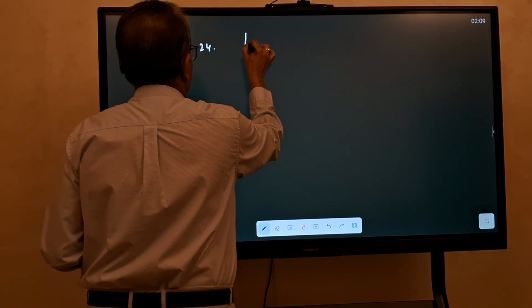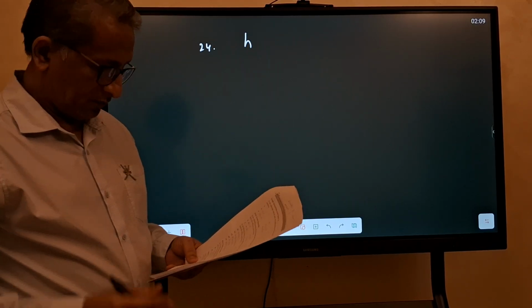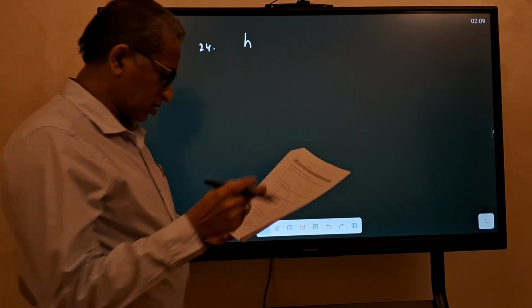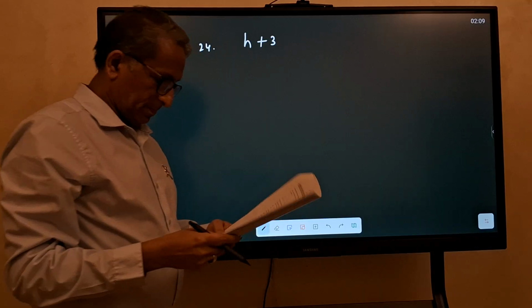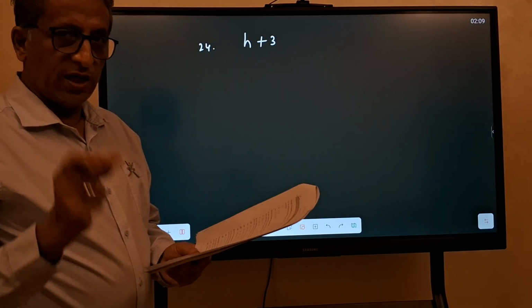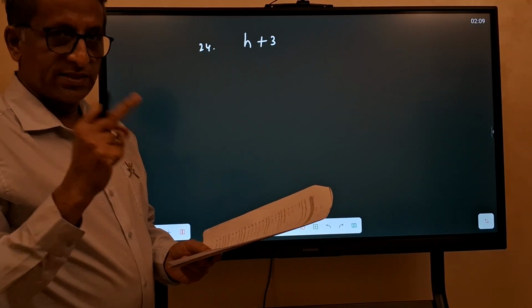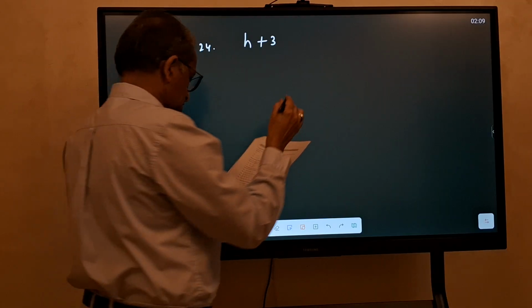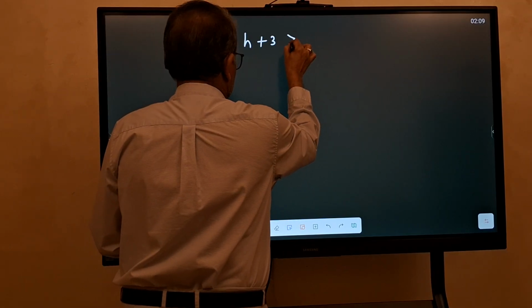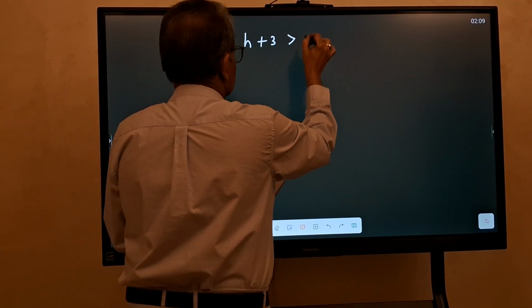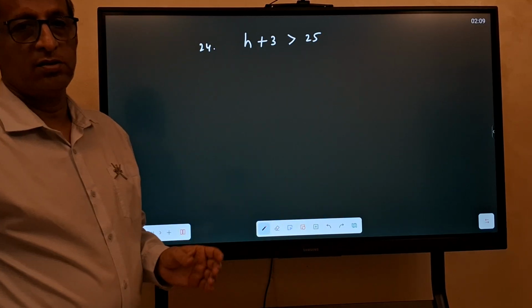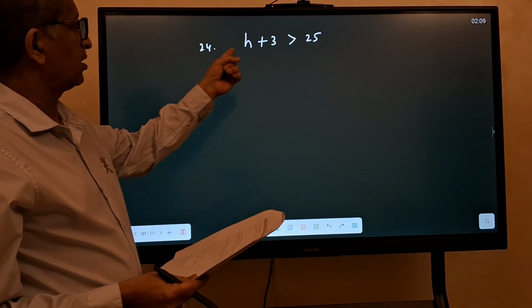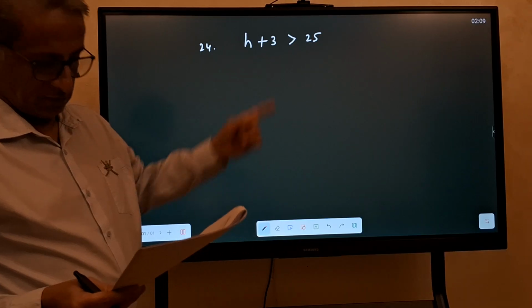H is your variable here. 3 more than h. That means h plus 3 is no less than. That means not less than. Not less than means it is greater than or equal to how much? 25. So that's what we are writing, the given statement in terms of linear inequality.